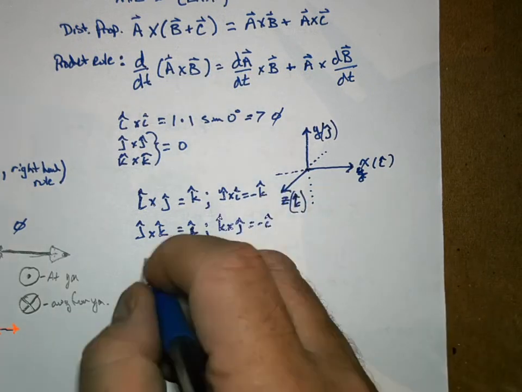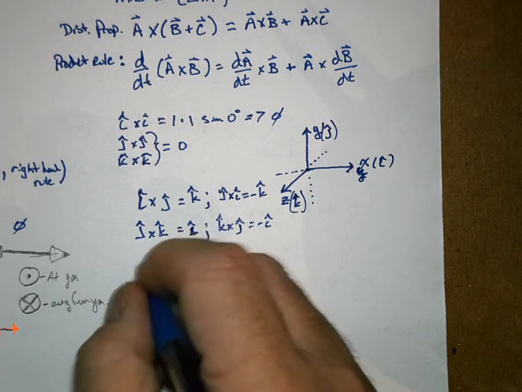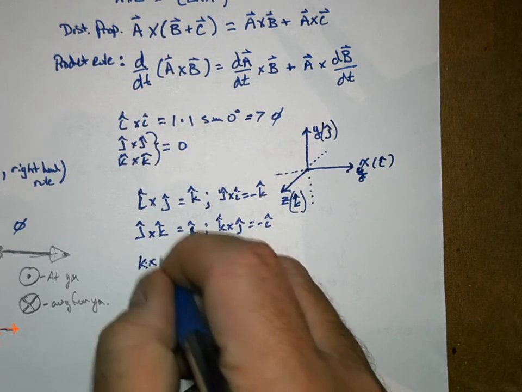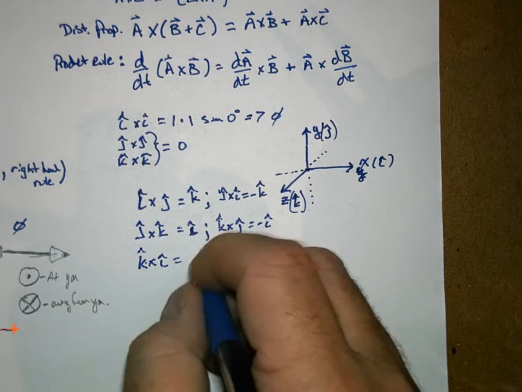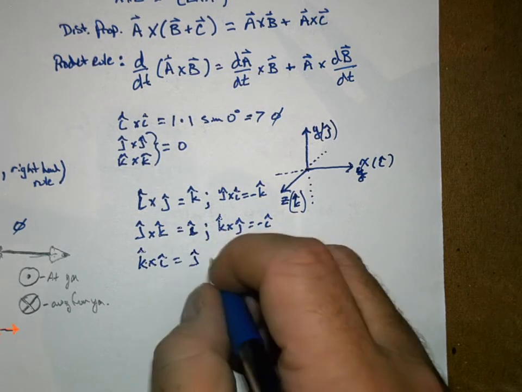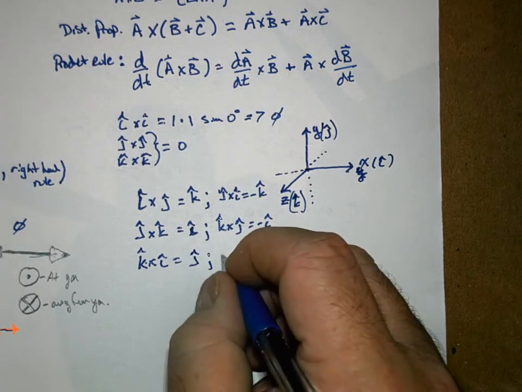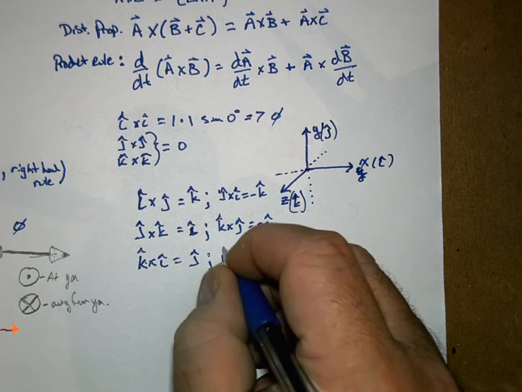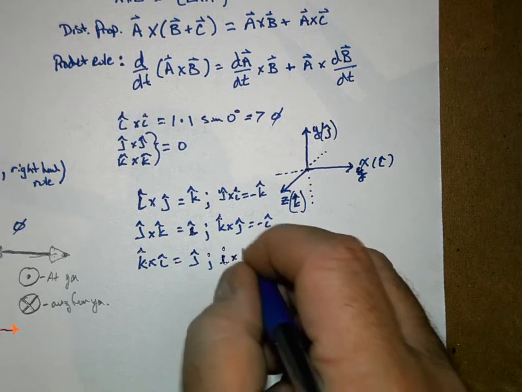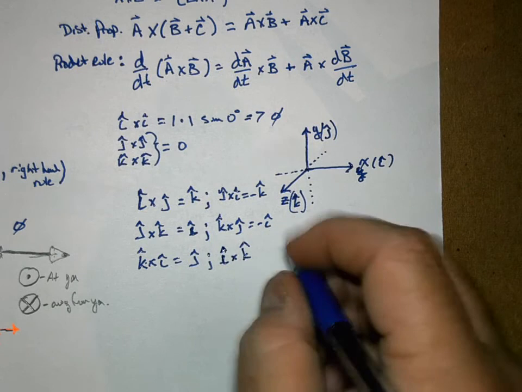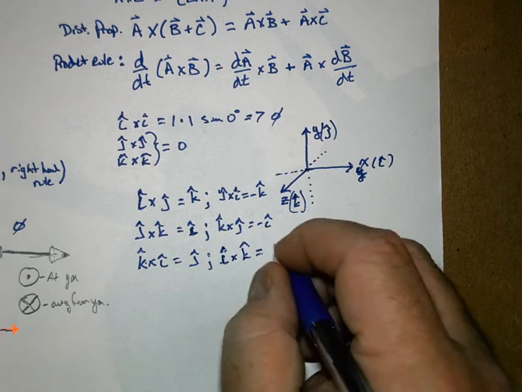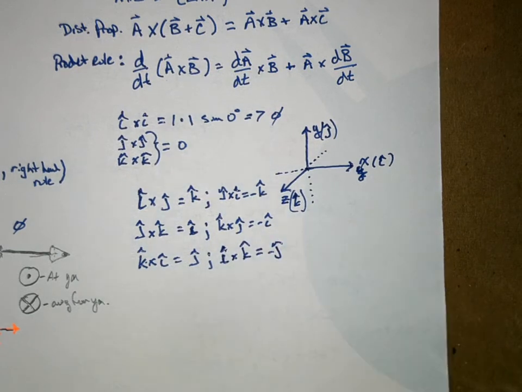And then k cross i equals j hat, and i cross k, I'll make sure I'm getting these in the right order, is going to equal negative j hat. So these are the definitions of these values.